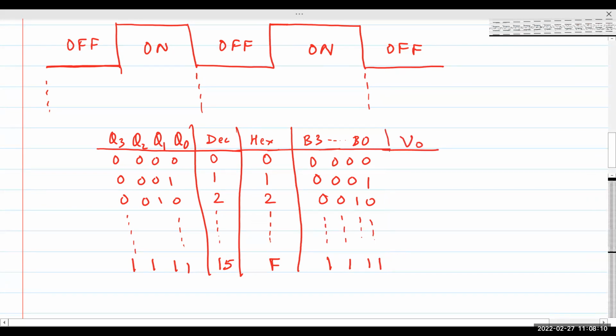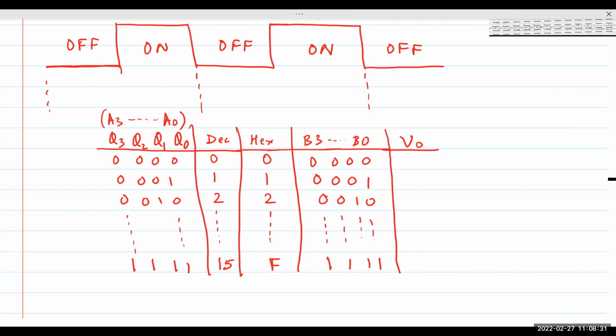What do we want? We want VO to go high when A is less than B, right? This is A3 to A0, because outputs Q3 to Q0 are being fed as inputs to A3 to A0. So if A is less than B, then VO should go high. Otherwise, it should stay at 0.